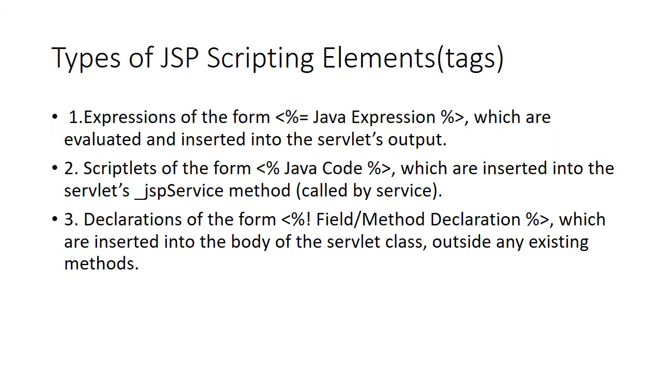So now we start with the types of JSP scripting elements. You can see it here on the screen. Elements, in brackets I have put tags. So we can call them scripting tags, or scripting elements, or in some JSP books you can find them as basic tags. So I am using three terms.